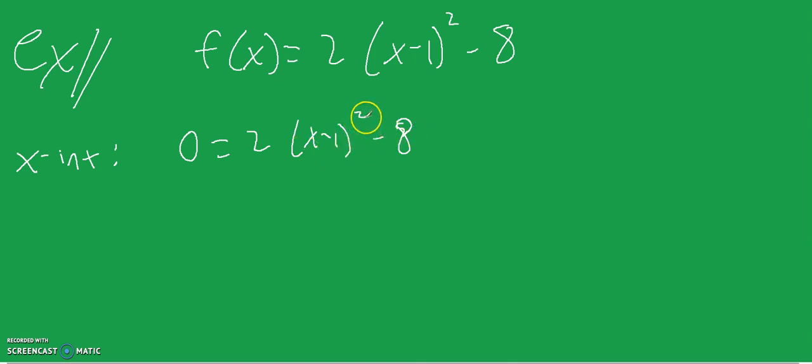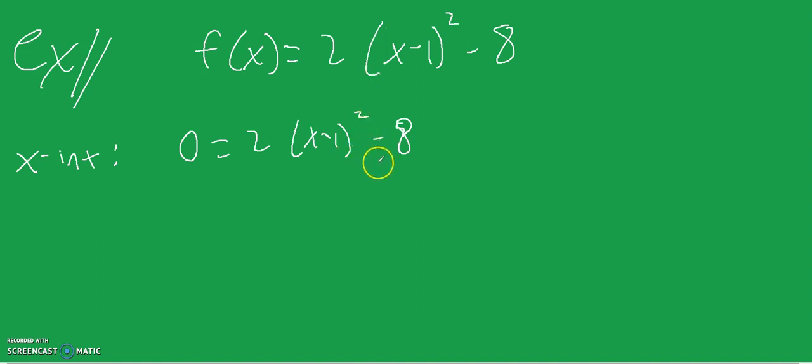What I can do is solve this using the square root method, which is in another one of my videos. If you're not familiar with that, go check it out. What I'm going to do is try to isolate this x minus 1 squared and solve that way. So I'm going to add 8 to both sides.